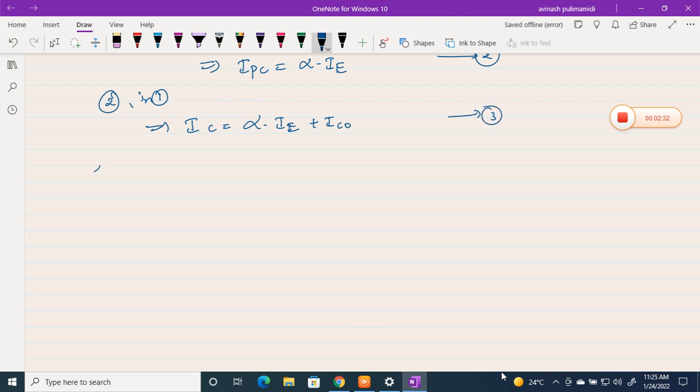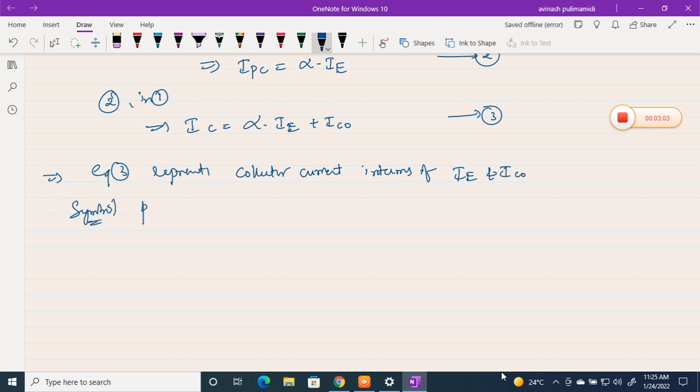Equation 3 represents the collector current in terms of IE and IC naught.